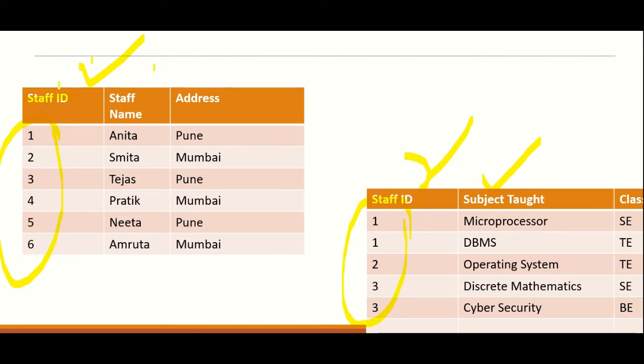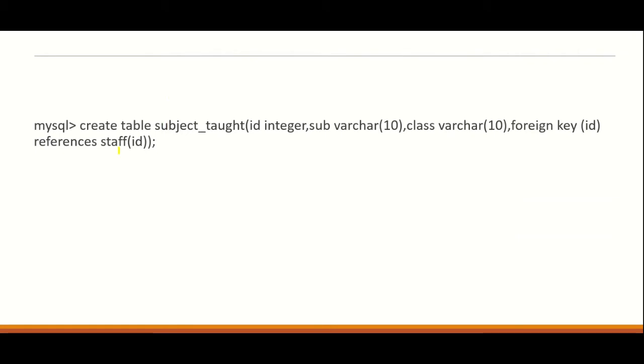How to add these constraints using MySQL? While creating the subject taught table, you create it with ID, subject, and class columns, and you add a foreign key ID which references staff. So while creating subject taught, you have a reference to the staff table.